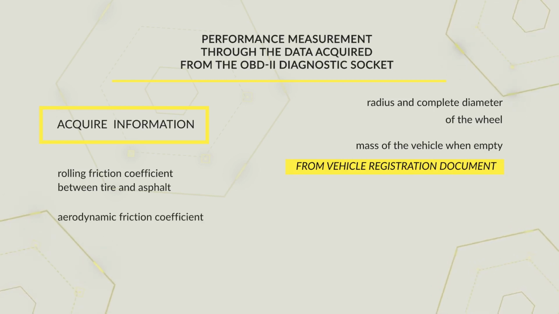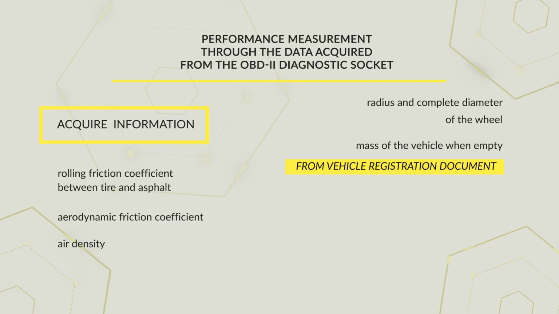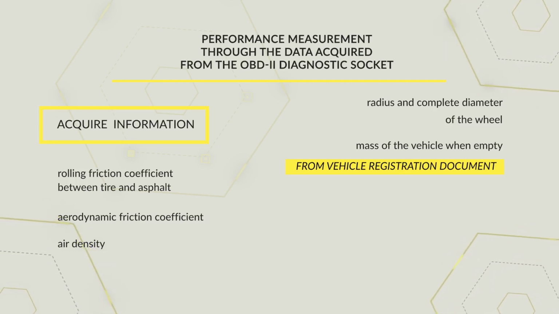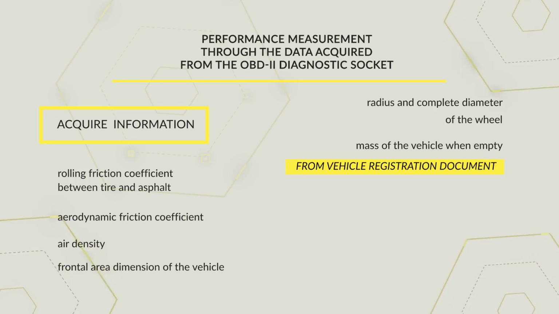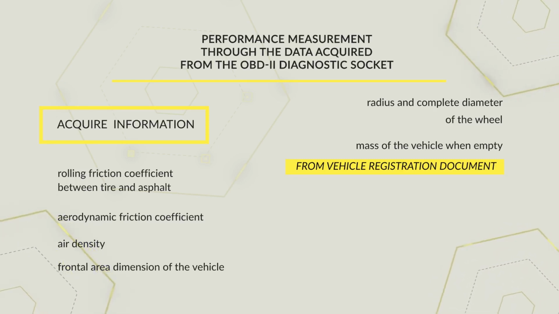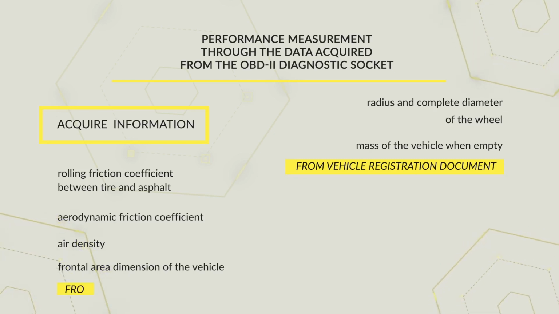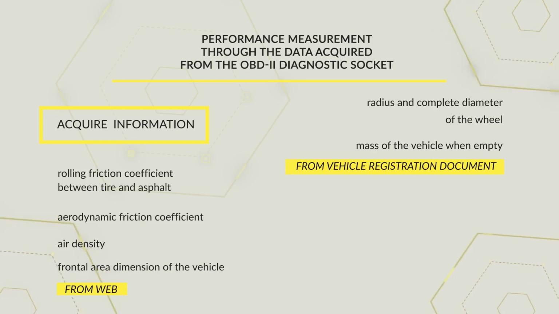The aerodynamic friction coefficient, the density of the air, which varies according to atmospheric pressure and its temperature, the front area of the vehicle in question. In any case, this information can be quickly retrieved from the technical specification sites on the web, so that it can be used to calculate less complex formulas.